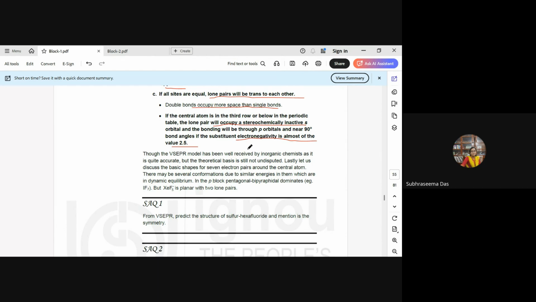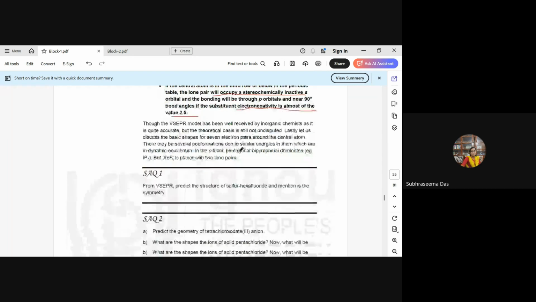Though the VSEPR model has been well received, it is not accurate and it is still not undisputed. Since this VSEPR theory forms the basis of understanding the geometries, although it is flawed, it is still accepted.